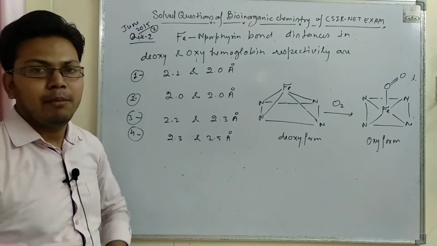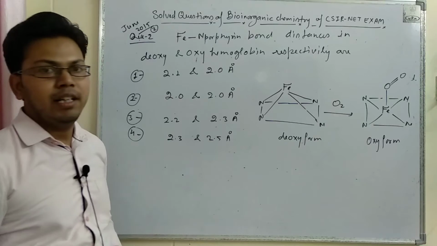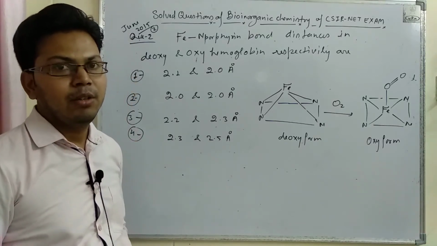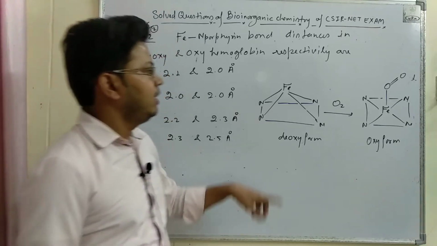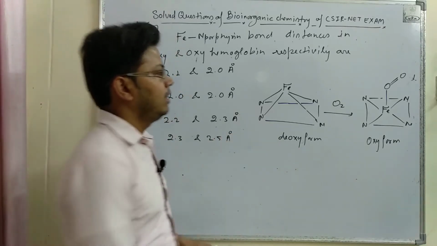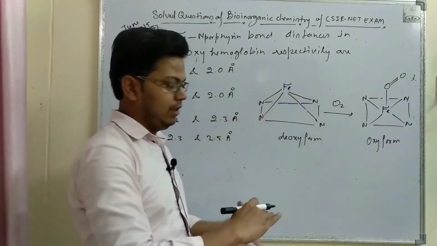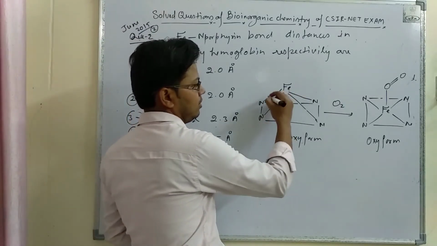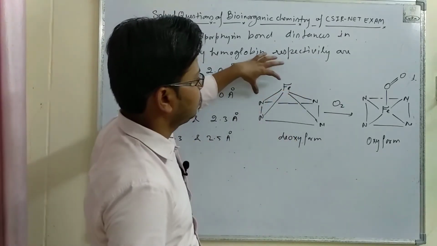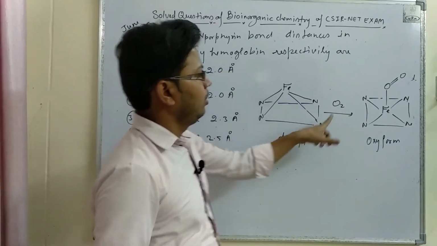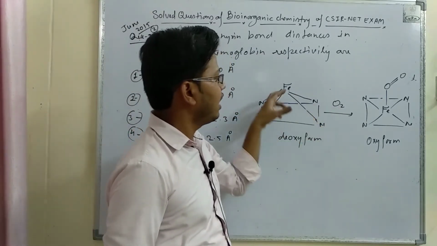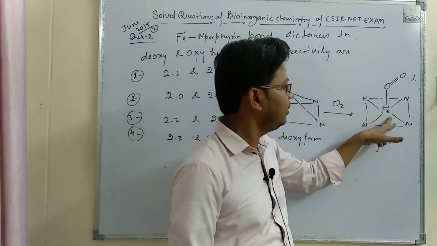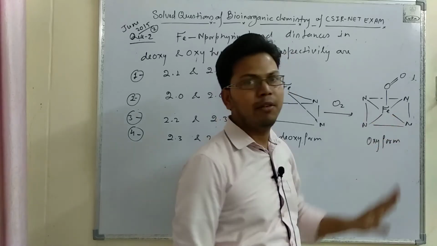As we remember the structure of the deoxy form of the hemoglobin and the oxy form of the hemoglobin, we can say that in the deoxy form, the iron atom is above the plane of the ring. As a result, this distance should be higher. When oxygen binds, the iron atom penetrates into the ring and the ring becomes flat.